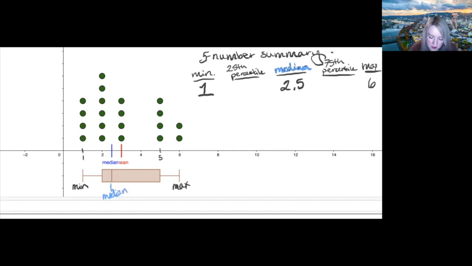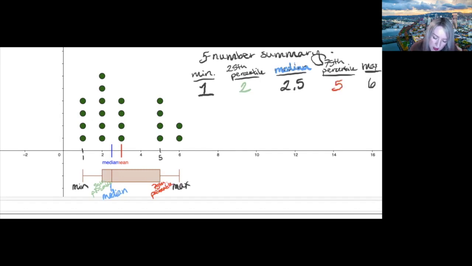And then I have my 25th percentile and my 75th percentile. So the 25th percentile is right here at 2. And then the 75th percentile is there at 5. Okay.